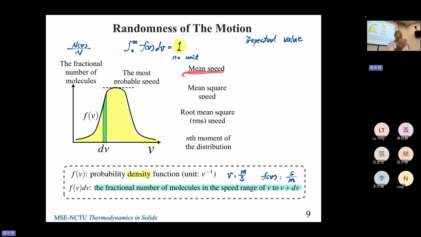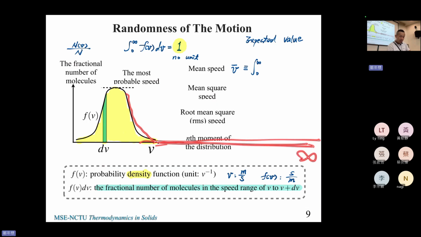So the mean speed, what is mean speed? Actually, you just do the expected value. Mean speed, v bar, by definition, from 0 to infinity. Oh, don't forget, we have really little chance to get infinite speed of an atom, but it has a very small chance.